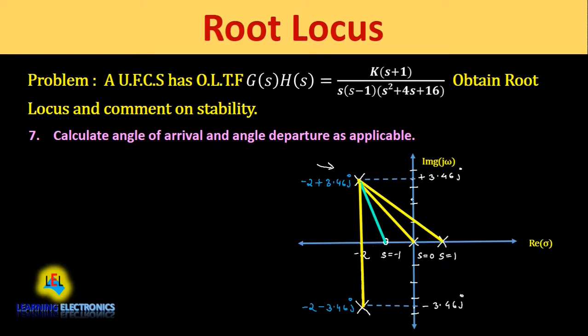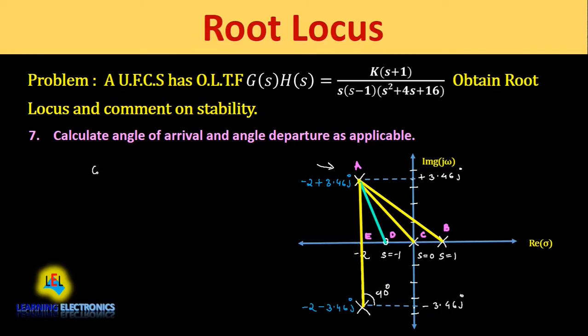Okay, now we represent the names of these points like this: A, B, C, D and E. Now what we will do, first we will take this complex pole -2 minus j 3.46 and find out the angle which this phasor is making with the positive real axis. So this is 90 degree by observation.